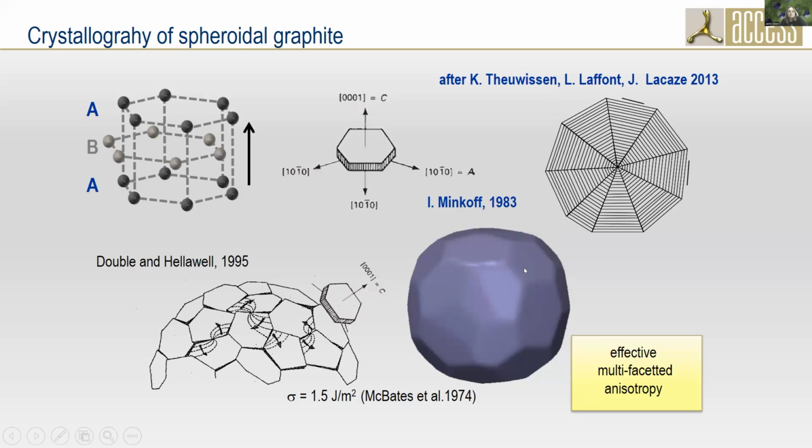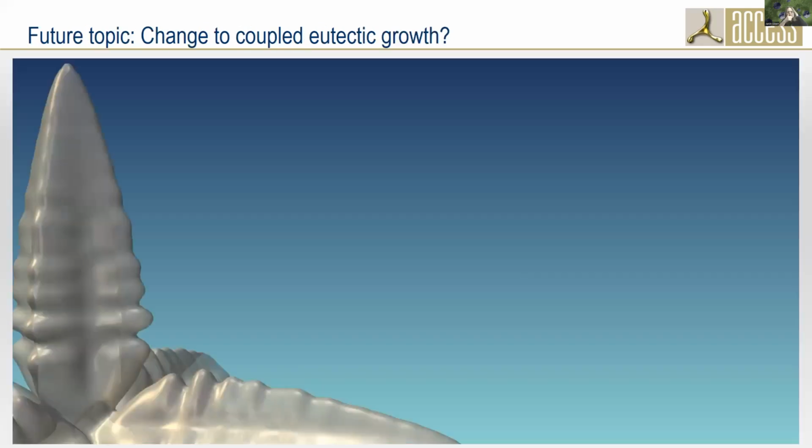And I want to show you that in a simulation. I don't claim that this is quantitative in any way, it just shows that with the same anisotropy you can have very different growth forms.